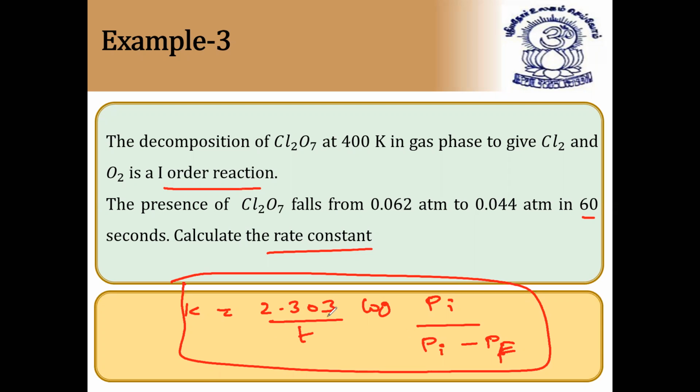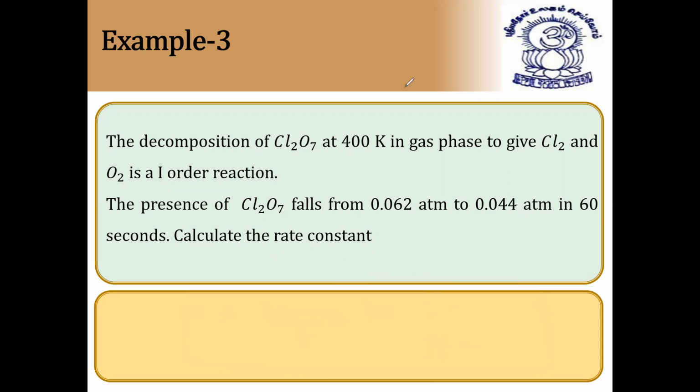K is equal to 2.303 by T log of Pi by Pi minus Pf, where Pi is the initial pressure 0.062, Pf is the final pressure 0.044 after time 60 seconds. I hope it is clear. Use this formula, 100% you'll get the answer. Let us see the answer: it is 0.171 second inverse. You can check the answer after substituting the values. Next.